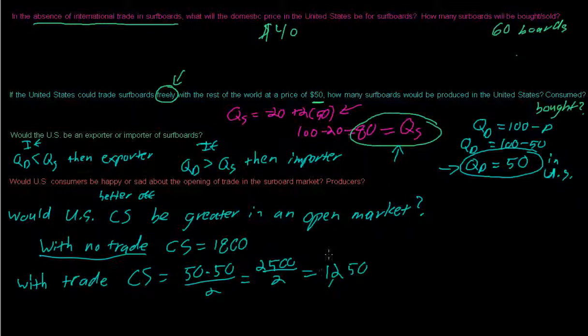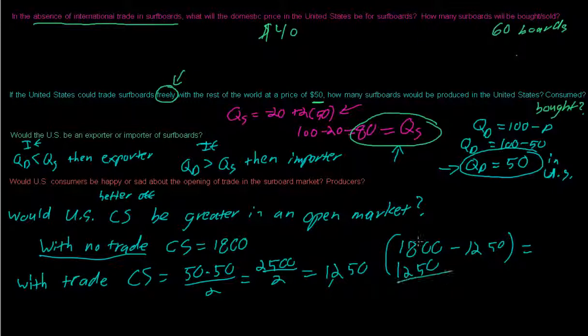So consumers in the US were better off with no trade because they got their surfboards cheaper and they got more of them. And we can see that they have become worse off. They were better off by the difference between these two. So if we say 1,800 minus 1,250, that is equal to, you know what, I don't know that I can do that in my head, so I will go ahead and do this.